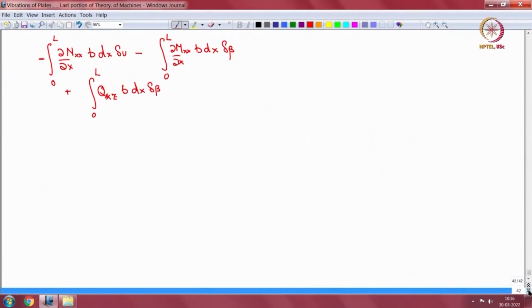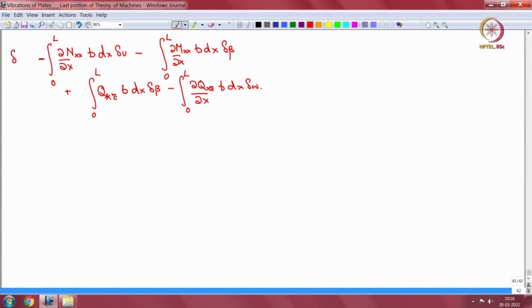Okay, minus integral 0 to L del qxz del x b dx delta w.